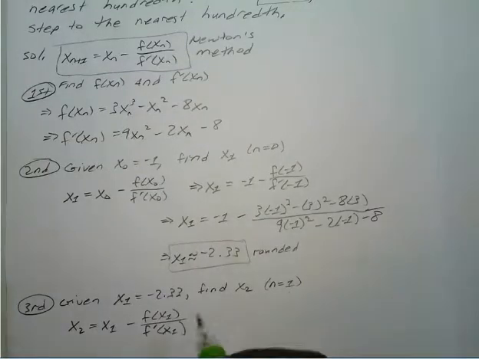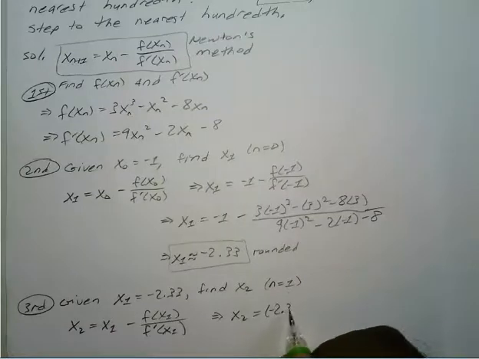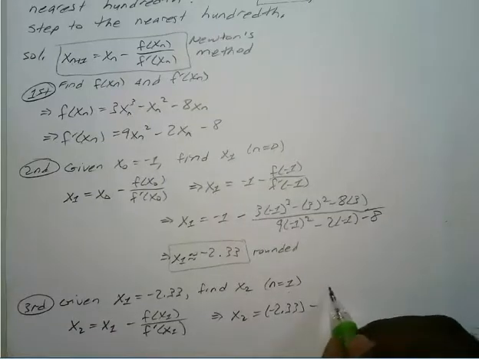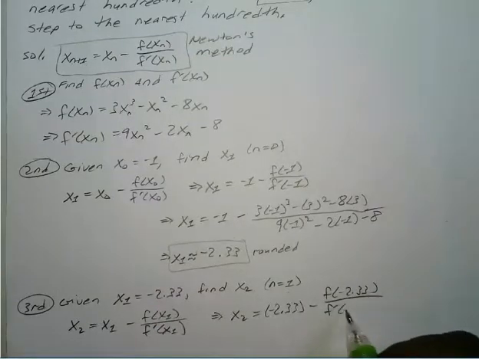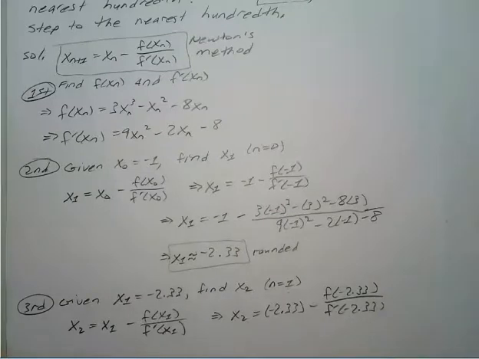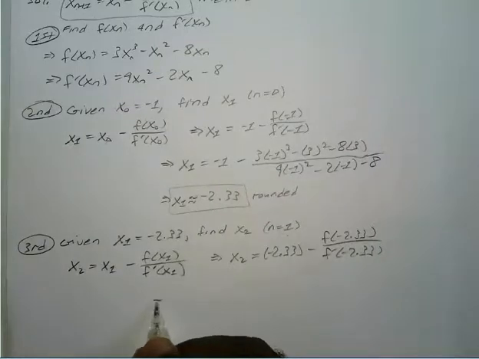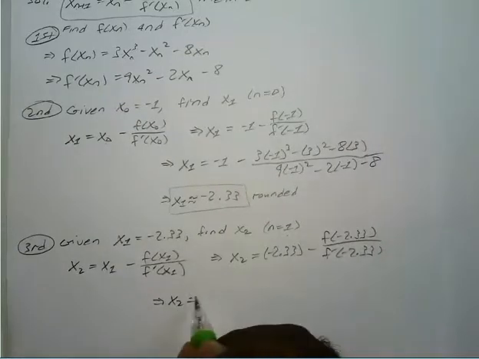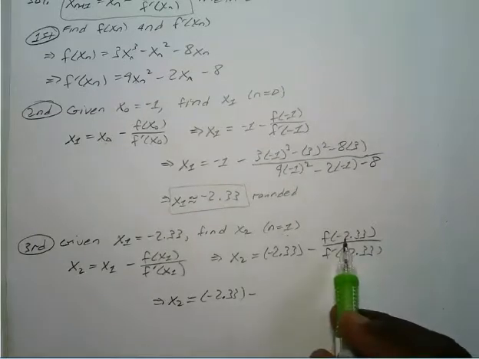All right, so if we go ahead and start replacing stuff, we have our x sub 1, so we have negative 2.33 minus f of negative 2.33 over f prime of negative 2.33. So x sub 2 is equal to negative 2.33 minus f of negative 2.33.